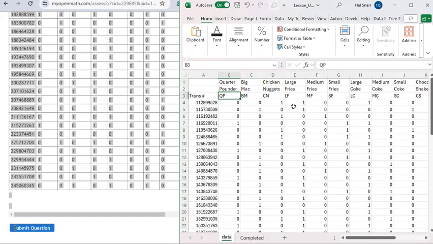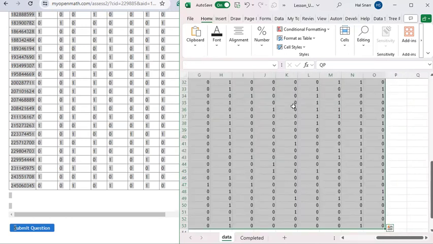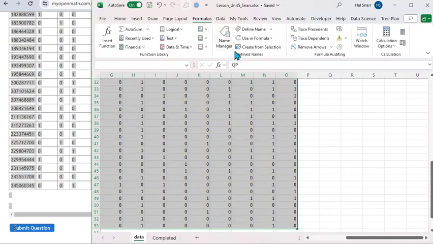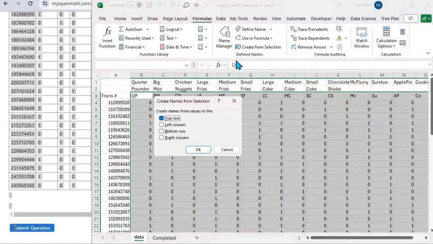Before we move on, I want to name the ones and zeros below each set of initials. I'm going to use the initials as the name of these ones and zeros down here, and do that for all of these columns. The way to do that is to go to the Formulas tab and click on Create from Selection.